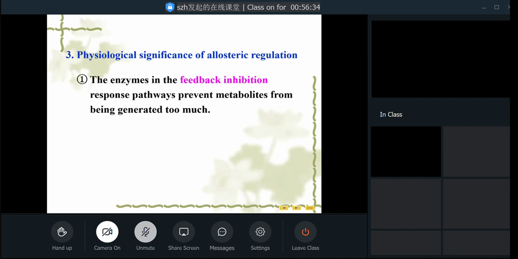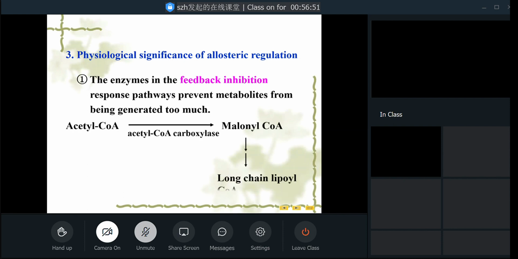What is the physiological significance? The enzymes in feedback inhibition prevent the metabolites from being generated too much. For example, long-chain fatty acyl coenzyme A acts as an inhibitor and decreases acetyl coenzyme A carboxylase.